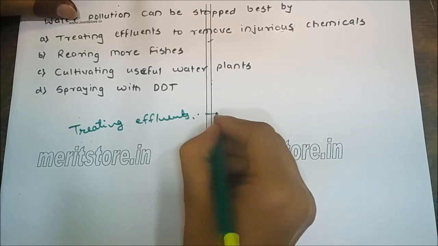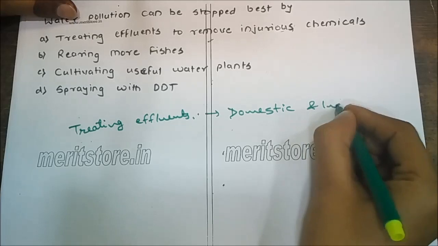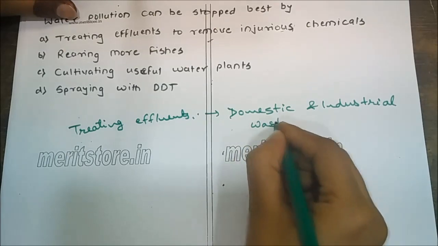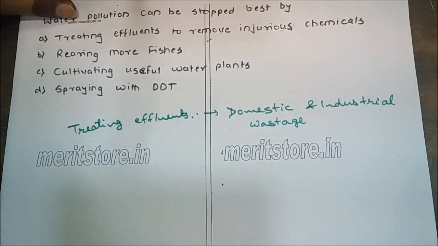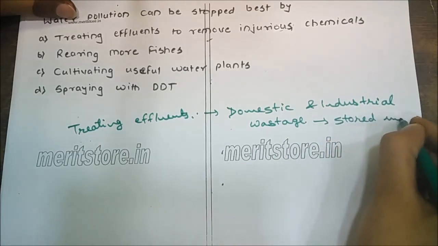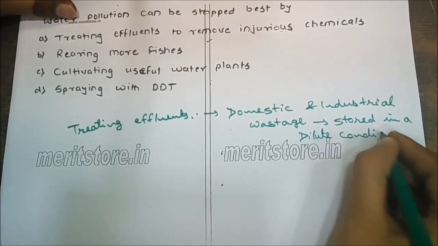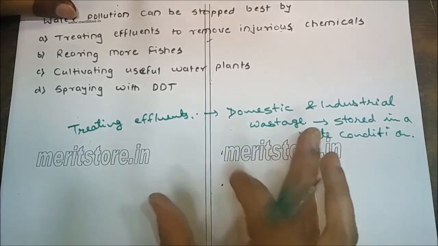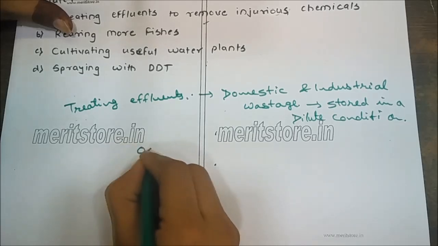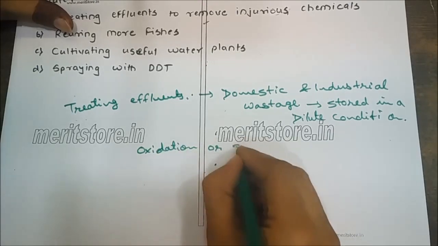The domestic and industrial wastes are stored in a dilute condition in shallow ponds, that is called oxidation or stabilization ponds.